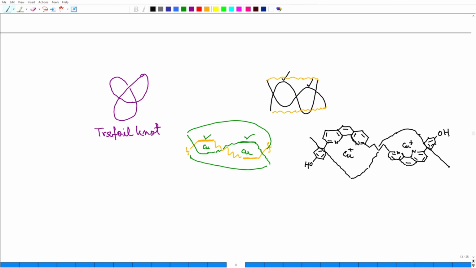So, that way it forms, and then I am going to close it, and then I will get rid of this copper. Then what am I going to get? Trefoil knot, that is it. Okay. So, these knot compounds are over.